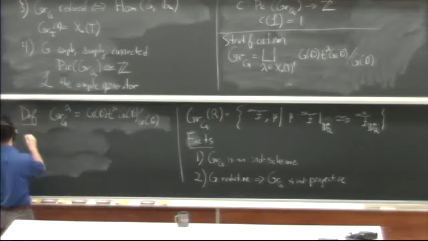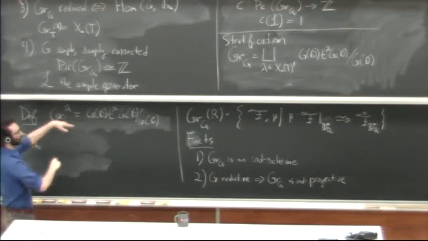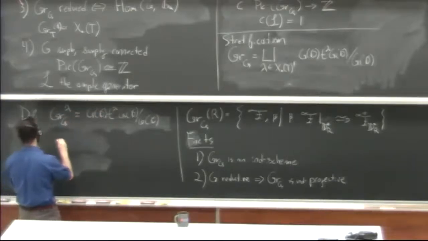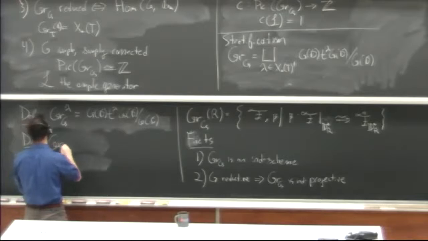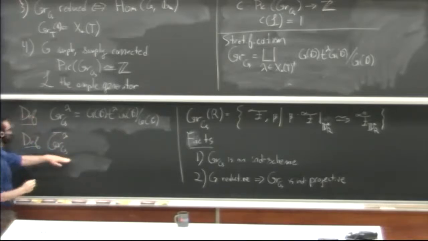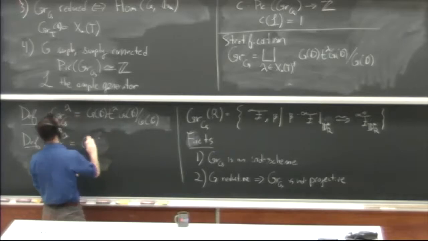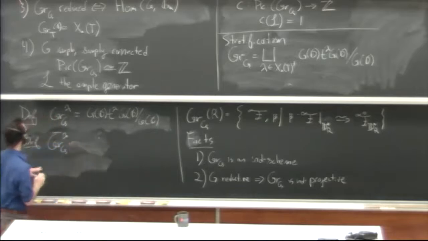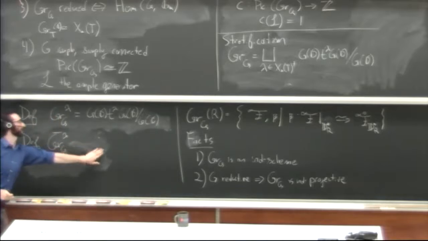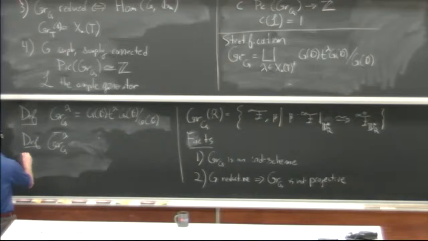The affine Schubert variety will just be the closure of this cell inside the affine Grassmannian, which I'll write as Gr G lambda bar. I should also say that there's a stratification of the affine Schubert varieties, or the closure relations.